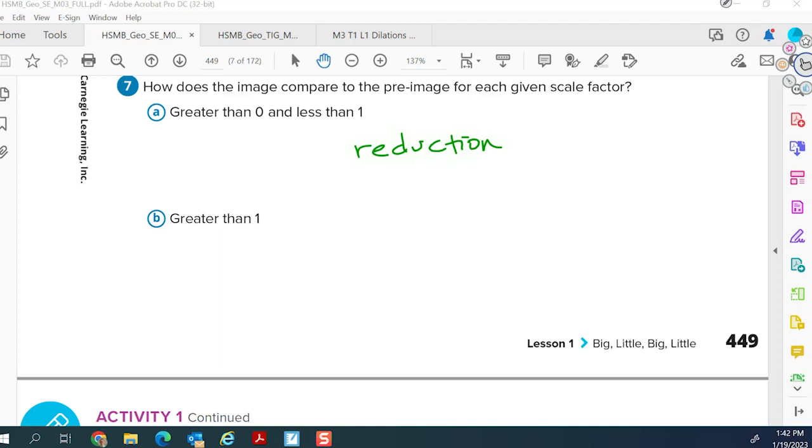And this goes back to the tie-in with the warm-up that I gave you. Whenever you multiply by a number that's between 0 and 1, the number gets smaller. So that's what happens with a reduction. If your scale factor is between 0 and 1, it gets smaller. If the scale factor is bigger than 1, it's an enlargement.